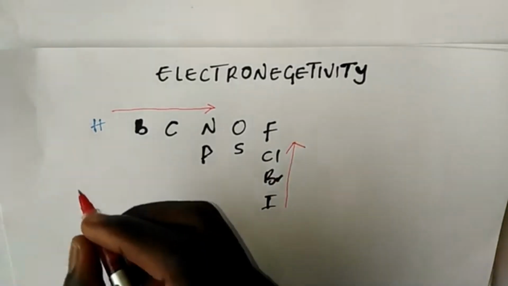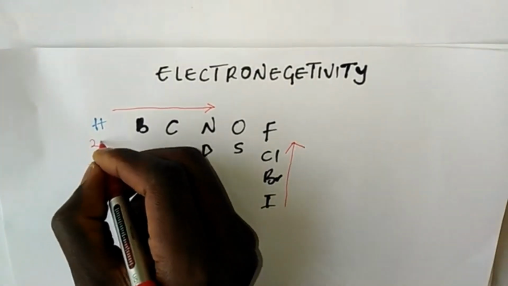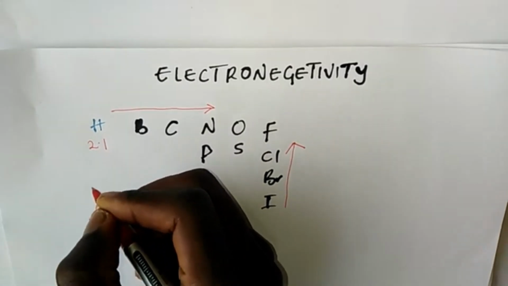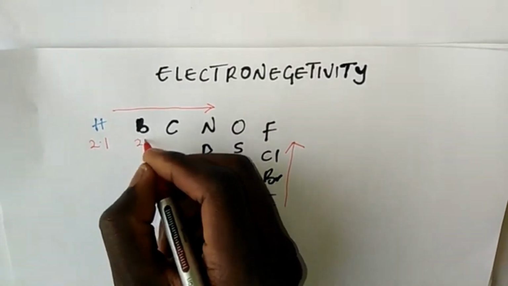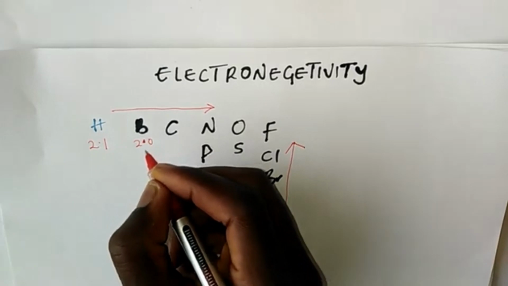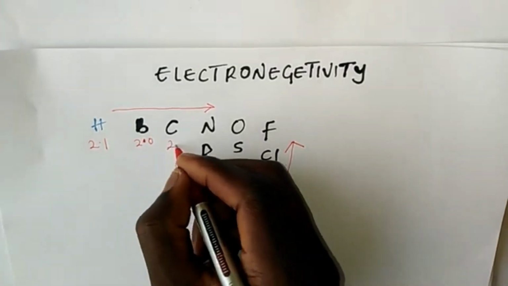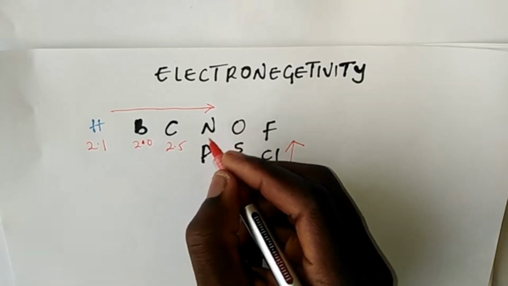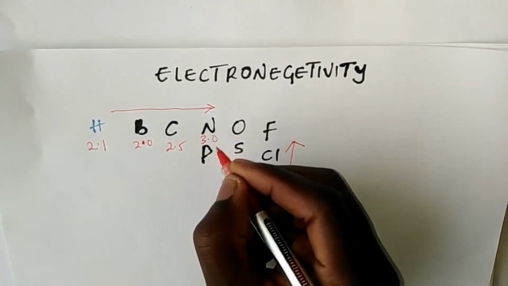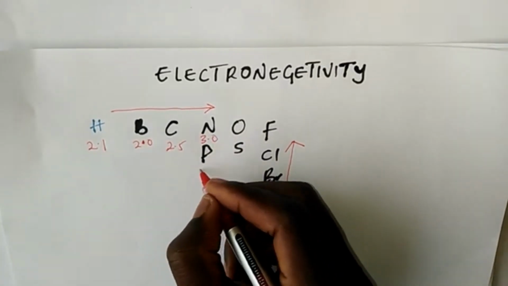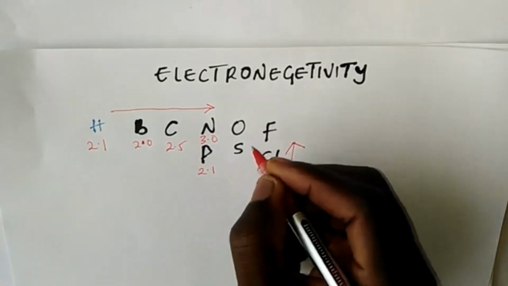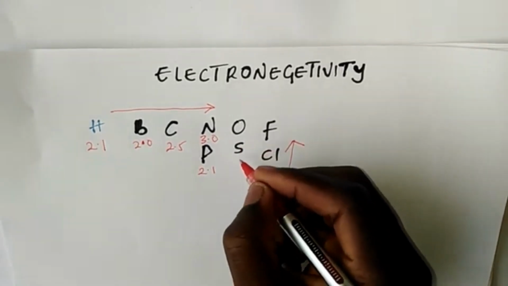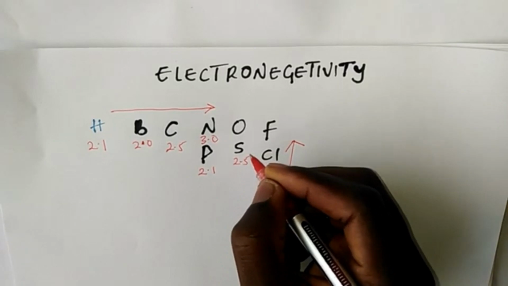Now, the electronegativity of hydrogen is 2.1. The electronegativity of boron is 2.0. Electronegativity of carbon is 2.5, and that of nitrogen is 3.0. That of phosphorus is 2.1. Electronegativity of sulfur is 2.5.